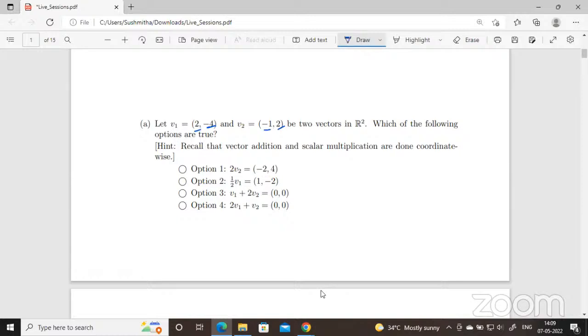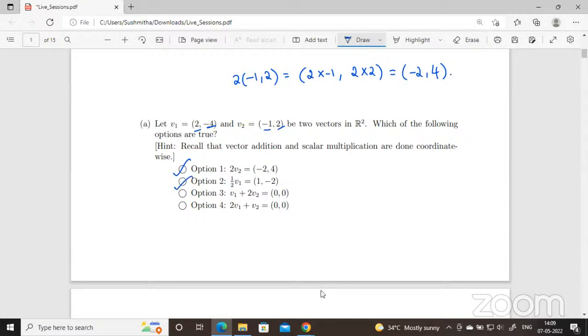There are some options given here. What is 2 times v2? 2 times v2 is 2 times -1 comma 2 times 2, so that's going to be (-2, 4). And then half v1, you do the same: (1, -2).